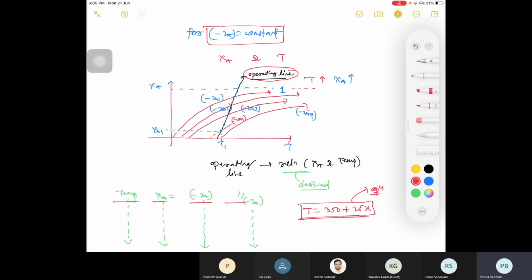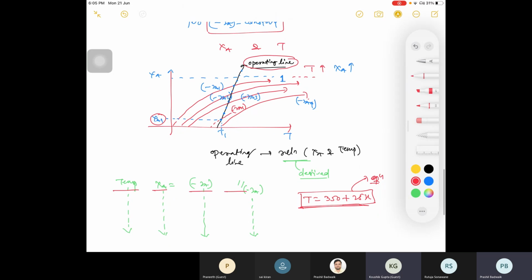Once you get the operating line equation, using the standard curve, you plot it here and get the values of temperature, conversion and your minus RA value. Right, are you getting now? Yes, sir. Okay, this is just an example. This kind of equation we will get, like y is equal to mx plus c type.